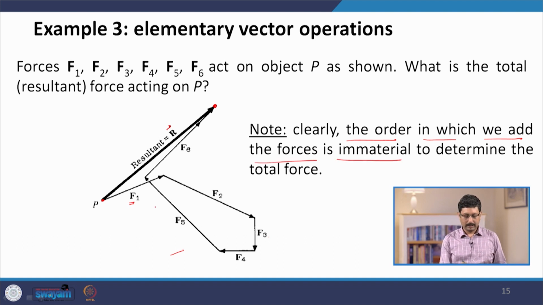Here I have added F1 then F2 plus F3 plus F4 and F6, but you can switch the order, you can add F2 to F3 and then F6 and then F5. So, when you do a vector addition, the order in which you add the vectors does not matter.